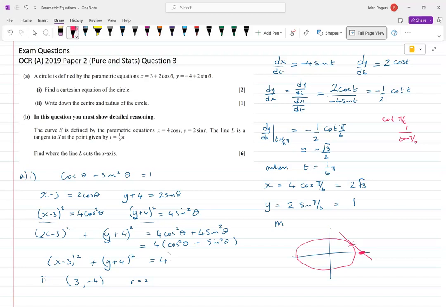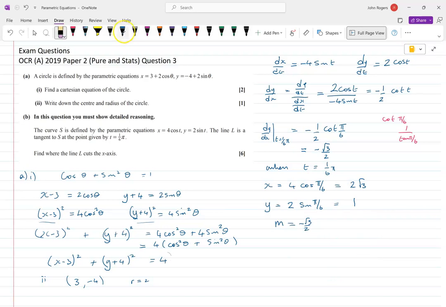Okay, so we know the gradient now, and we know the coordinate of this point. The coordinate is 2 the square root of 3, 1, and we know that m equals minus the square root of 3 over 2. So let's rub this out now.